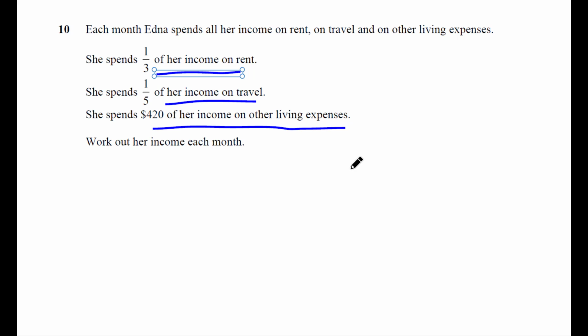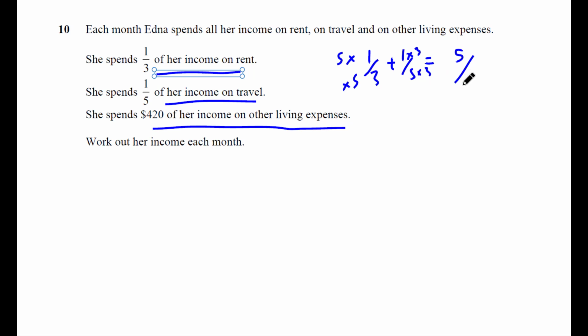So first, we need to work out what 1/3 add 1/5 equals. And so we find the LCM of the denominator, and that's going to be 15. So we're going to times top and bottom by 5 here, top and bottom by 3 here.